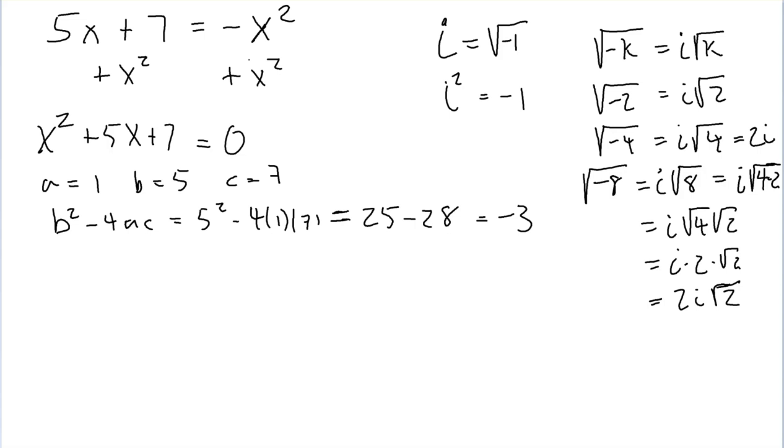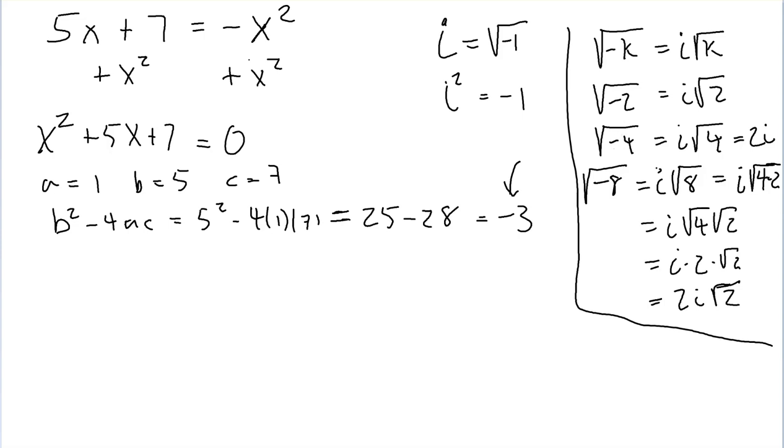Now notice that the discriminant came out to be negative. Whenever that happens, that means, the discriminant is the thing underneath the radical. So if you get a negative under the radical, that's where all this business comes in with imaginary numbers. Notice that in all these examples I did beforehand, I had a negative under the radical.